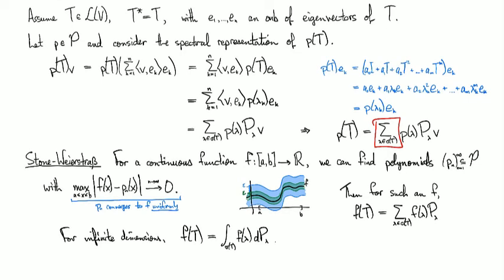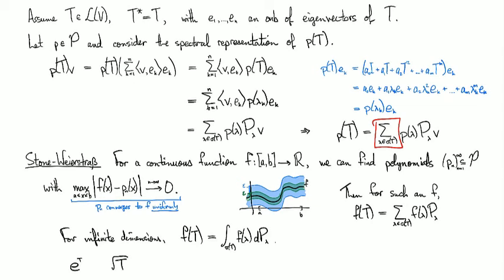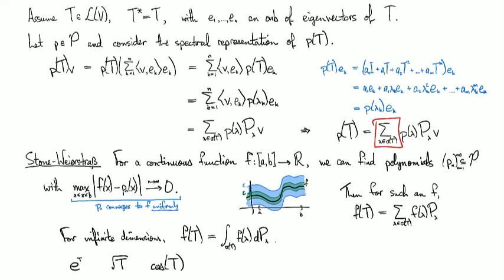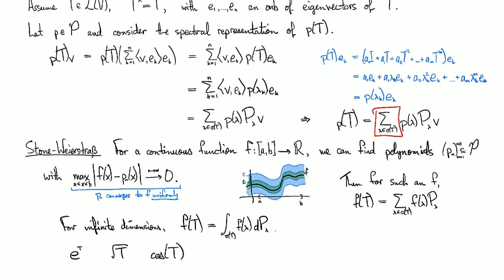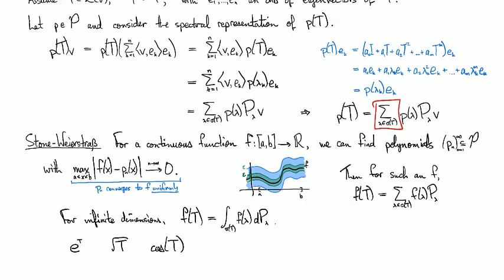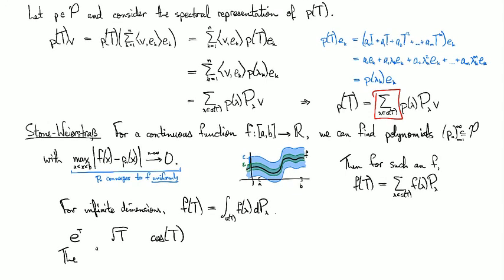Because what we've just done now is we said, okay, for any continuous function f, I can define what that is for an operator. So things like e to the T, or the square root of T, or cosine of T, I mean, that's crazy. You can put things in here that aren't even necessarily functions that can be obtained as power series, but just limits of sequences of polynomials. So this is called the functional calculus.